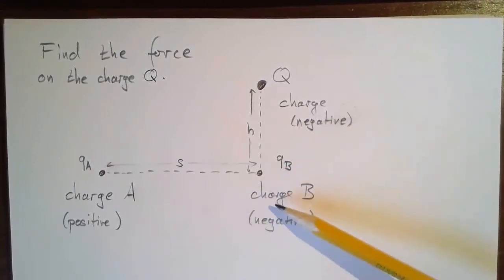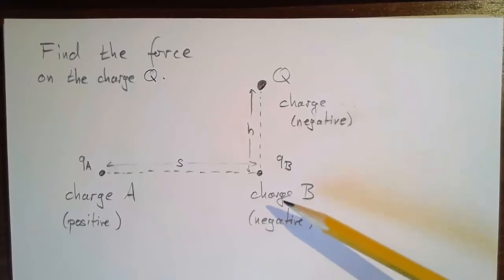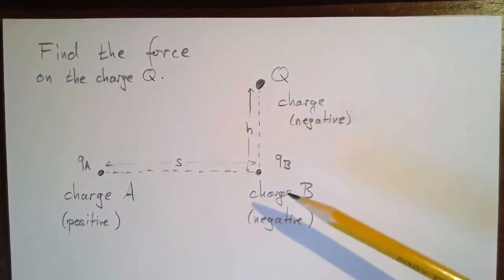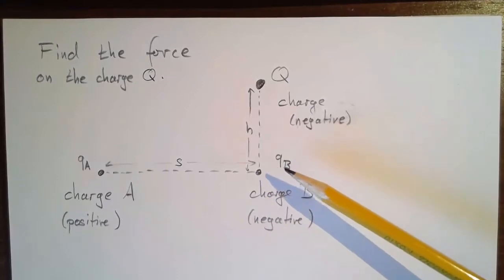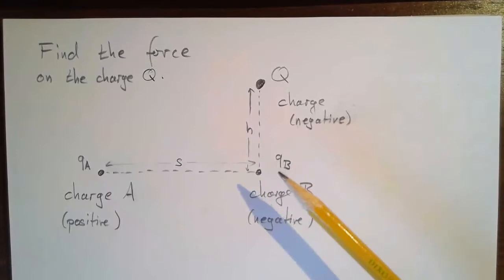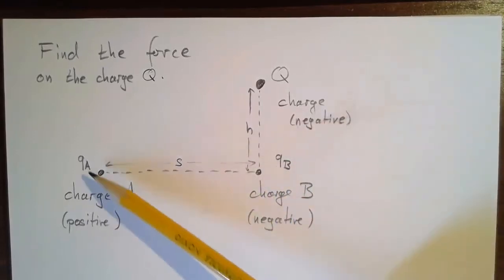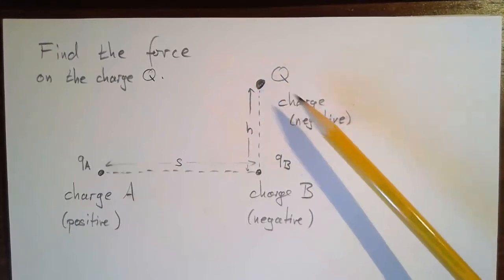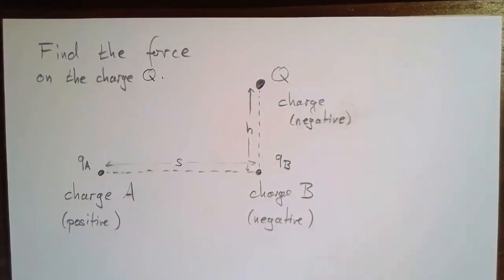I'm going to give you that. We're going to be specific in that regard just to keep things concrete. But it could be minus 2 nanocoulombs or minus 6 microcoulombs. Who cares, right? Going to leave it general. Just going to assume this one's positive, this one's negative. And then there's another charge here that's also negative. That's going to be our example.